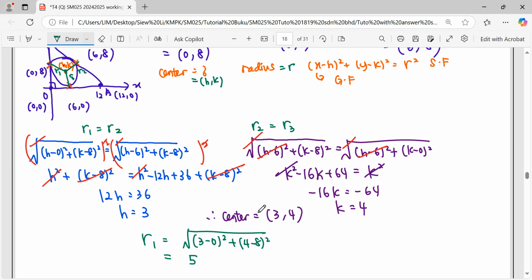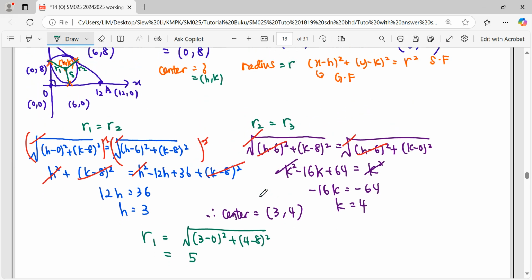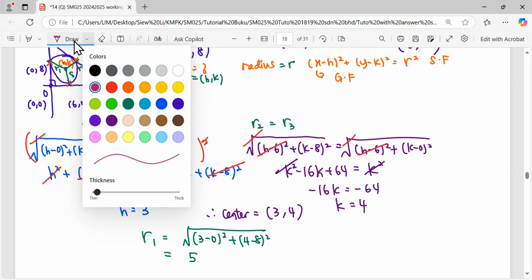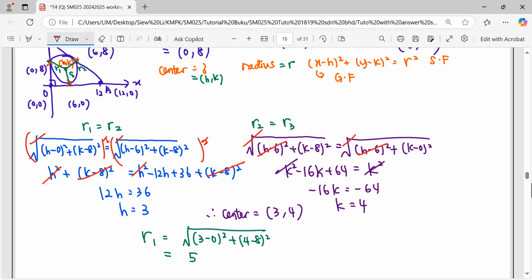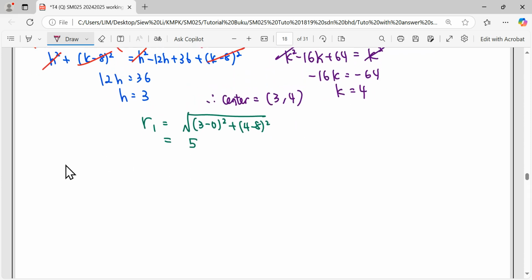After we get the center and the radius, now I can form the standard form equation. It will be (x minus 3) squared plus (y minus 4) squared equals the radius squared, 25.